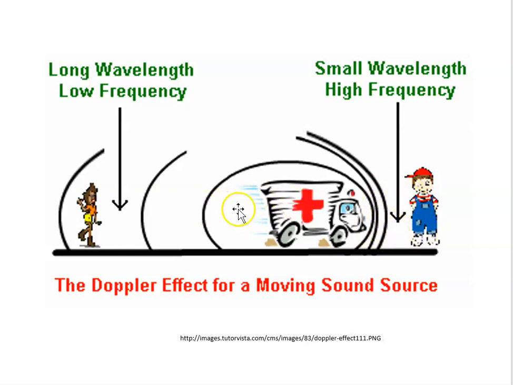And then as it goes past you, the sound waves heading backwards towards you are effectively stretched. They're not stretched, but you receive fewer sound waves per second. You get a longer wavelength, you get a lower frequency, and that's the Doppler effect.